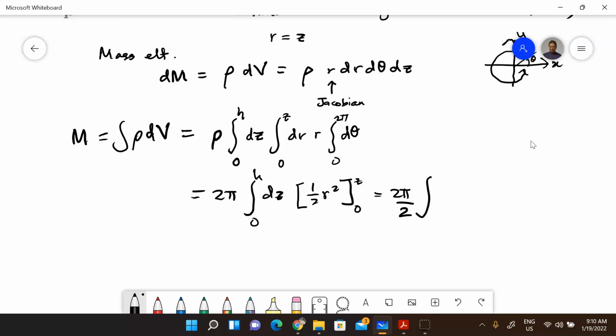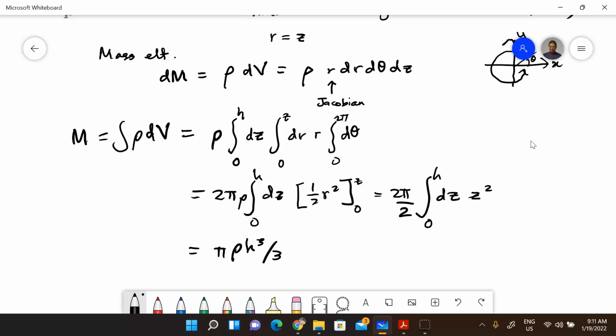So the integral of z squared from 0 to h. Finally we do the integration. It's a simple enough integration. That will give you, oh, I've forgotten the rho. Rho should be here. So pi rho h cubed over 3.